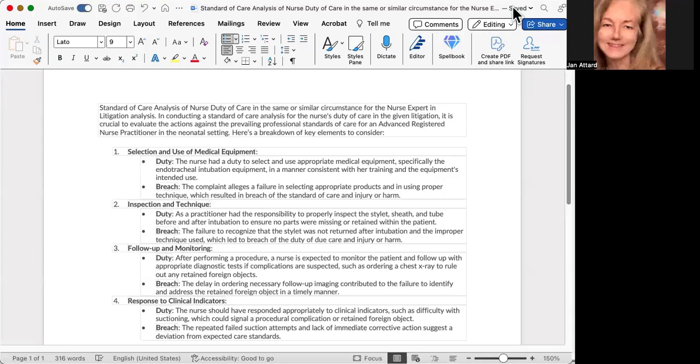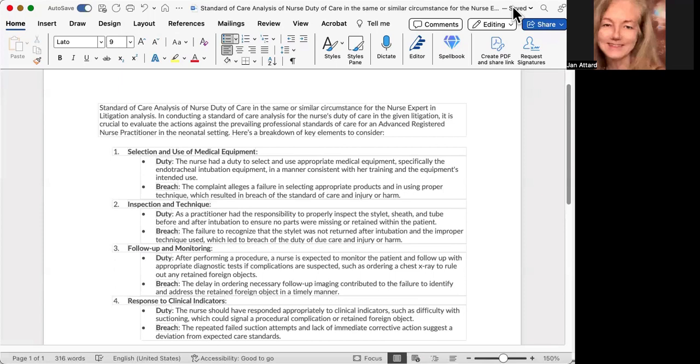So, could it have involved equipment? The nurse always has a duty to use appropriate medical equipment for the situation. Specifically, and I will just get very specific, whether it's the warming table, the endotracheal tube, any kind of E-tube equipment for resuscitation in a manner consistent with training and the equipment's intended use.